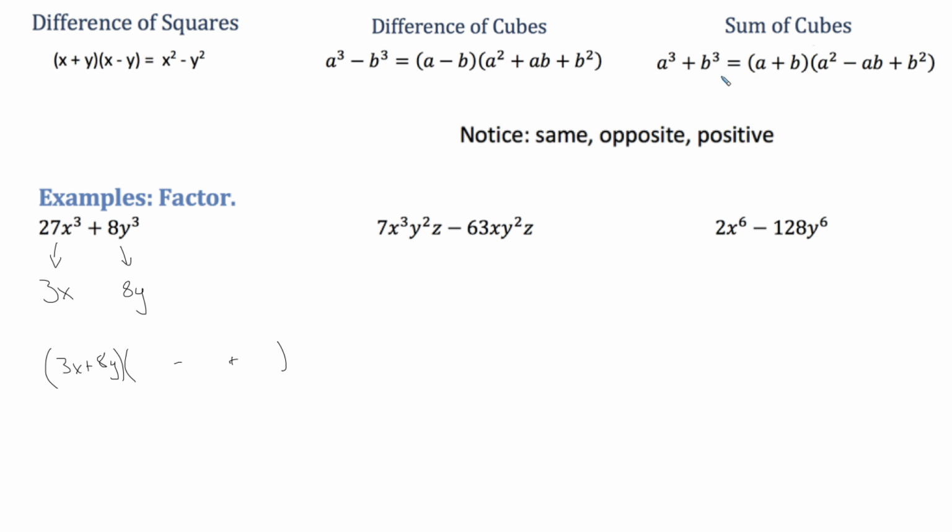So this is a squared, so that's 3x squared, and then we have a times b, so 3x times 8y, and the last term is b squared, so we have 8y, and we want to square that.